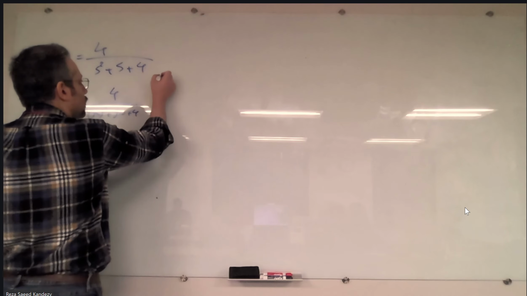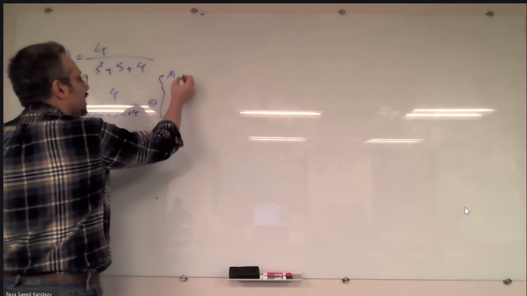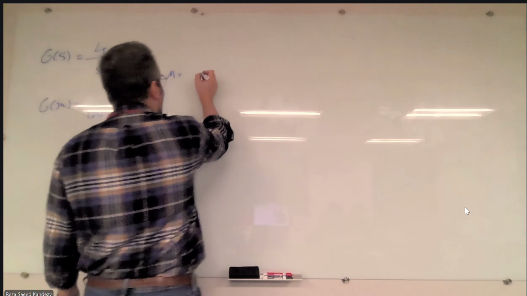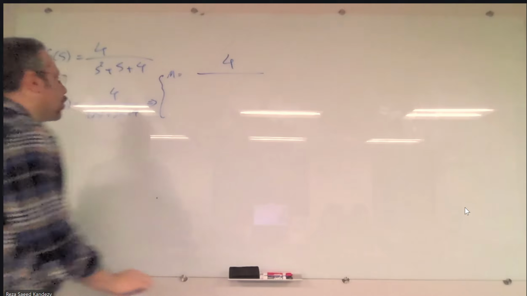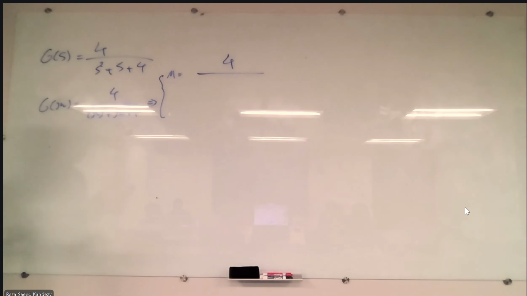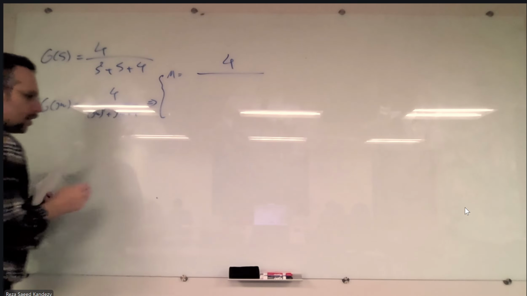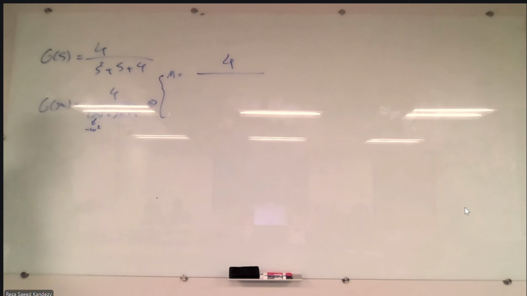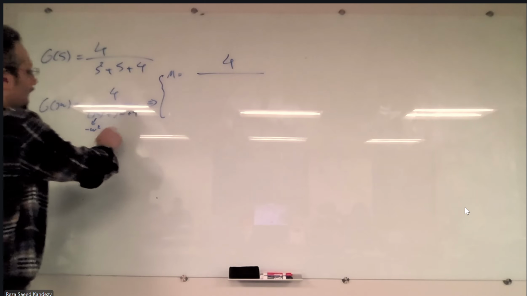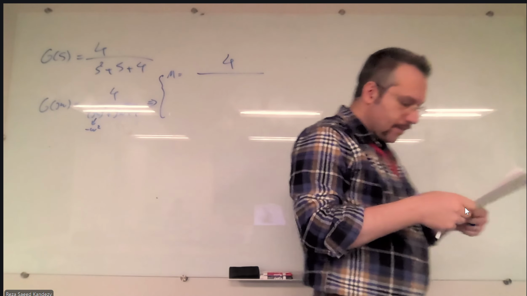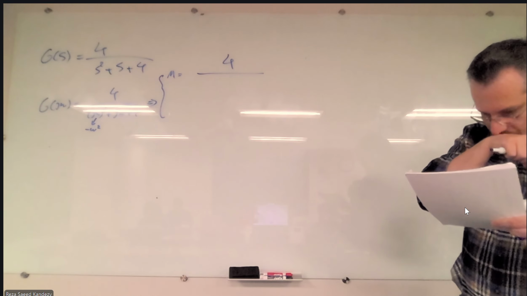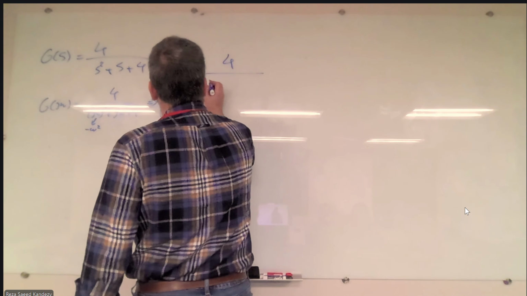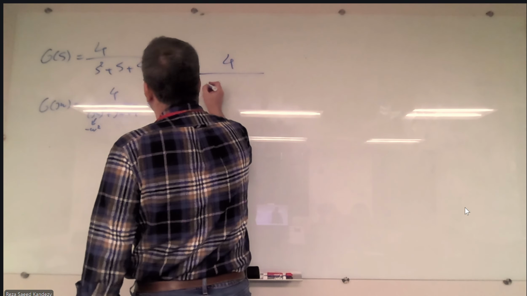Now, for this one, the amplitude is going to be the amplitude of the numerator over the amplitude of the denominator. The numerator is a constant number, so it's going to be 4. This one is basically minus omega squared. You know that. So what's going to happen is that we are going to have omega squared.